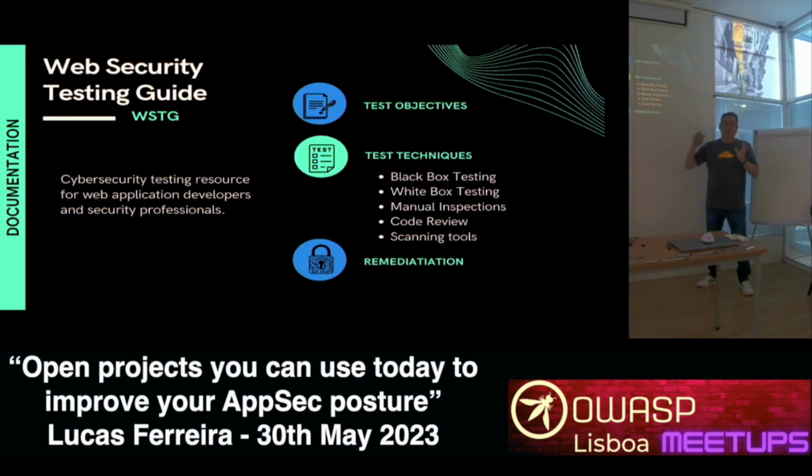It's structured in the way that you're going to define test objectives. It's going to help define the objectives of the test. It's going to define the techniques like black box, white box, manual code reviews, talk about tools, all this, and also mention remediation. Remediation is not the focus of the testing guide, but it's going to mention a little bit as well.